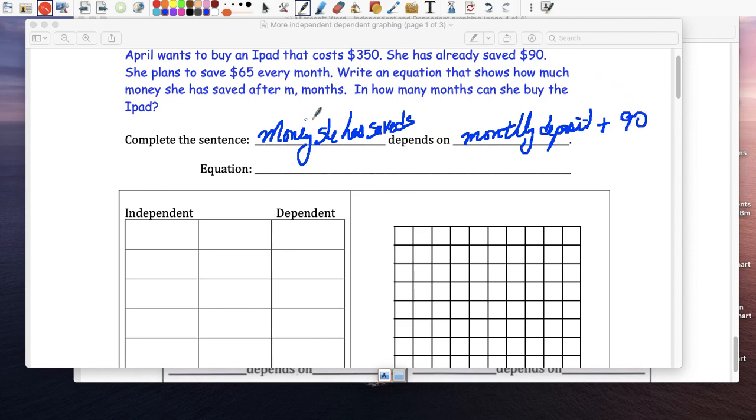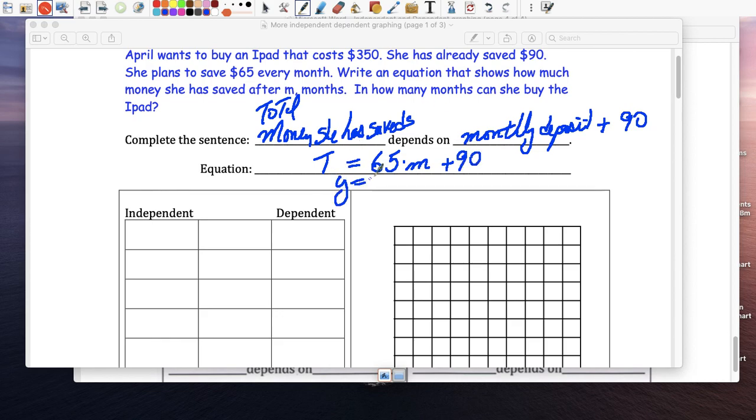So as an equation, the total, the output, the dependent, depends on how much she is depositing every month: $65. Let me use another variable here. So the total that she has is going to be 65 times the number of months she puts in, plus the 90 that she already has. So that's our equation.